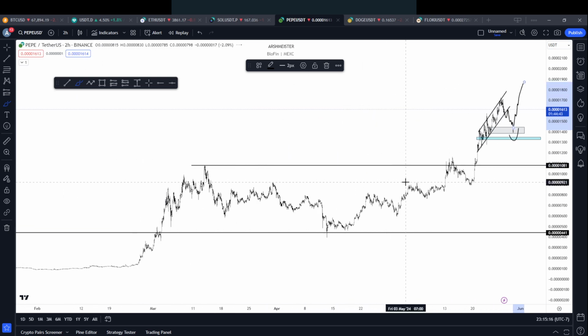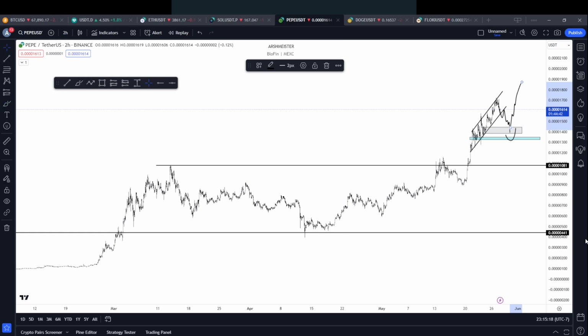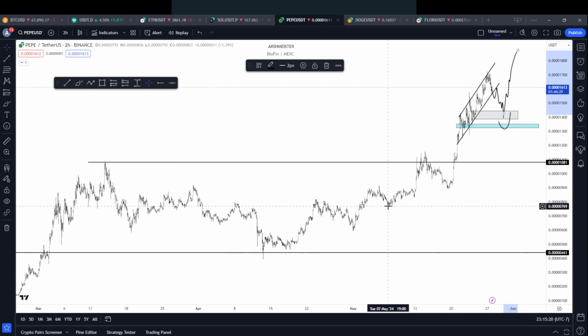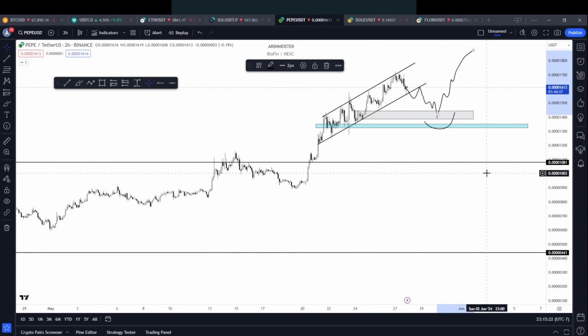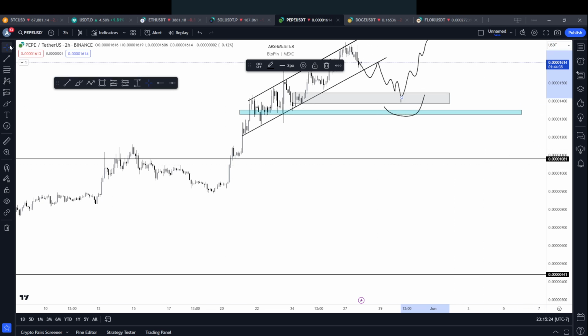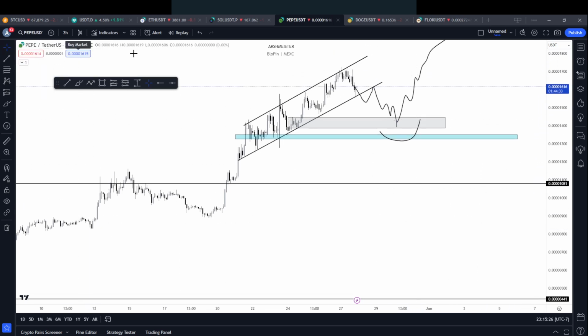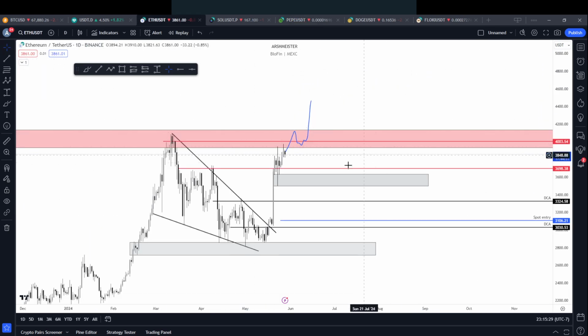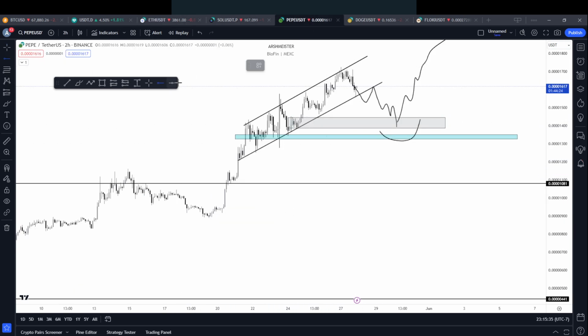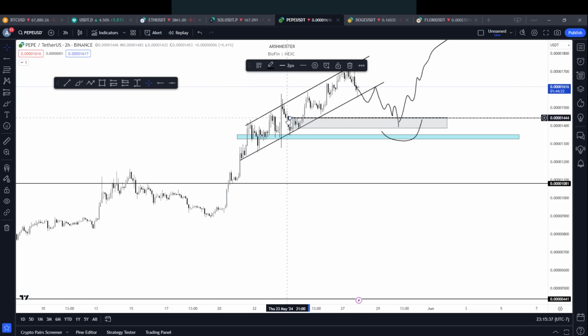But once it breaks all-time highs, typically it continues to run. All right. So if you're looking for exposure to Pepe, and again, my analysis is that I expect ETH to go and fill out this liquidity pocket, then these are the two areas that you are going to be wanting to add. Okay, so I'll put those there.